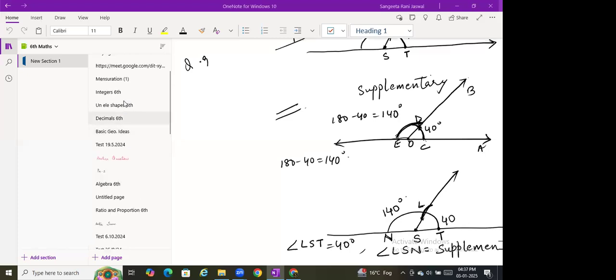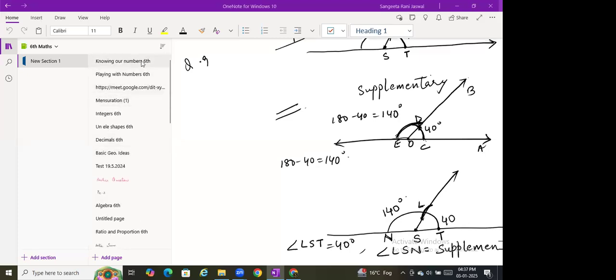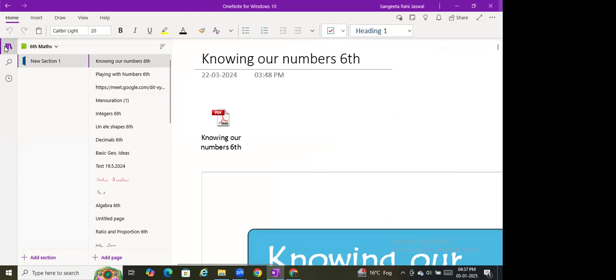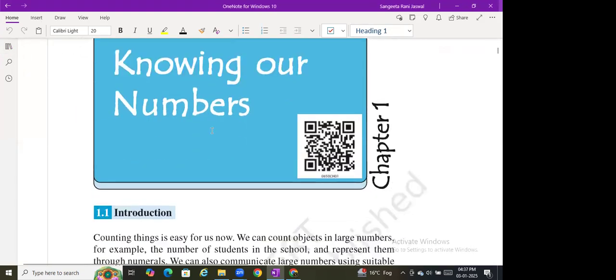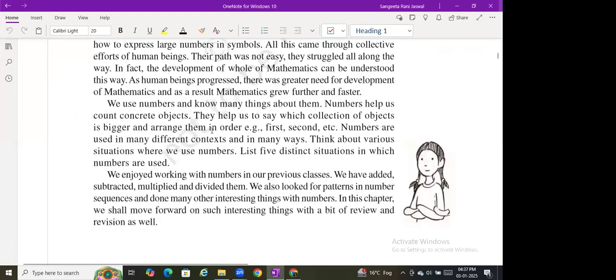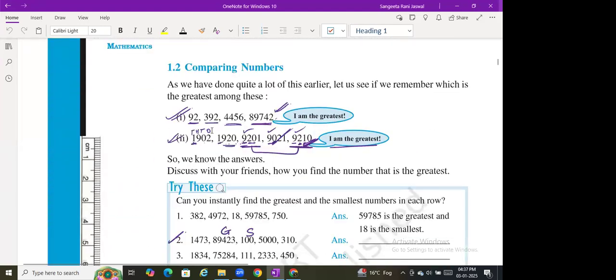Let me check if it is there. Yes, it is there, Knowing Our Numbers. So let's do the revision. Revision classes get started now.